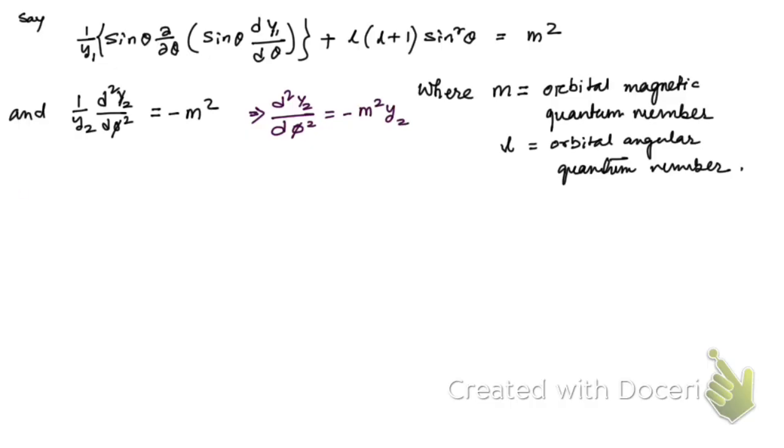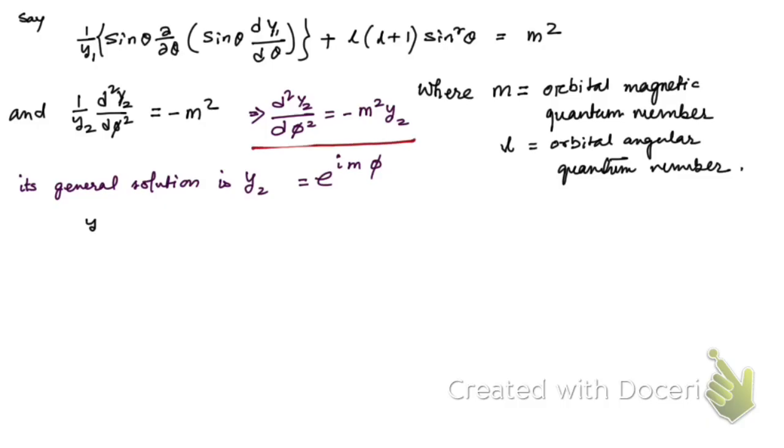And the solution of this equation we have got is equal to this. The general solution of this kind of differential equation is given by this, and it can be written this way.